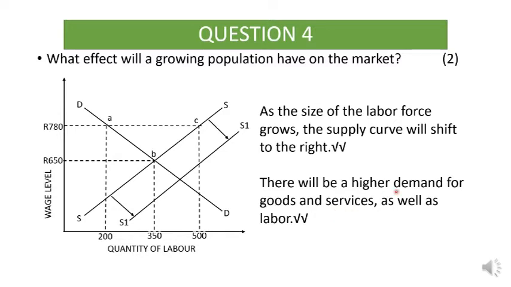So there will be an increase in the demand for the goods and services. Once there is a higher demand for goods and services, it means there is more pressure on the supply side since they have to supply more. So in order to supply more, there is a need for the business to employ more people.